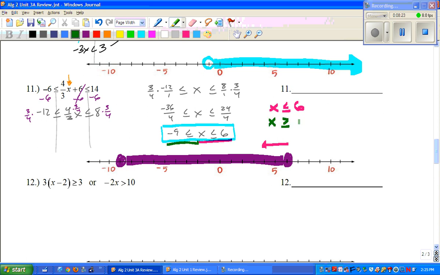But x is greater than or equal to -9. So that's why we're shading in the middle. Okay, and when we go to interval notation, close bracket at -9 and close bracket at 6.